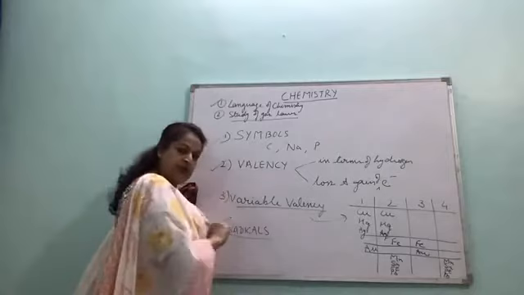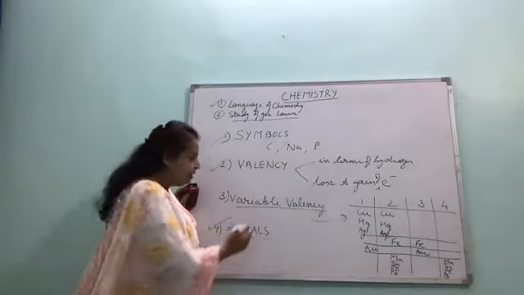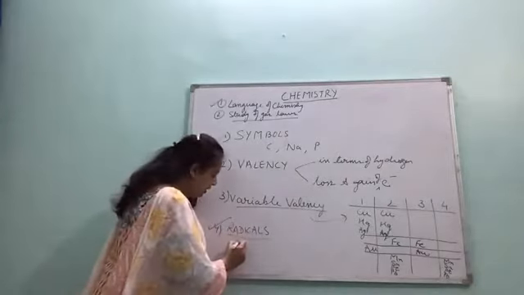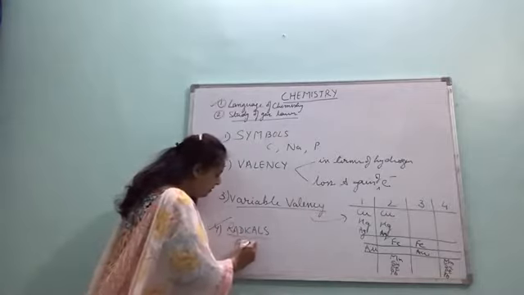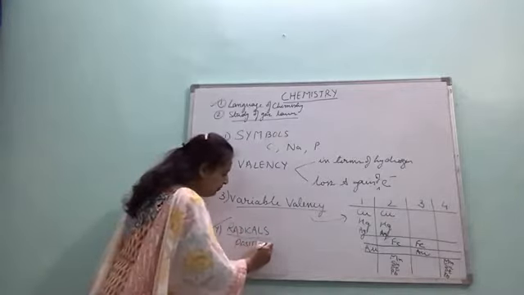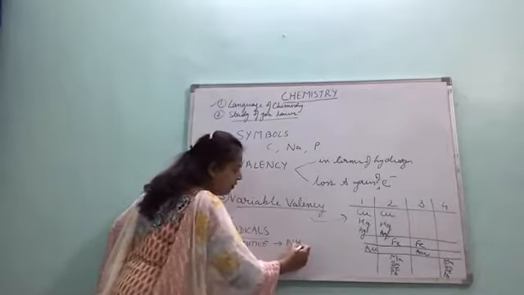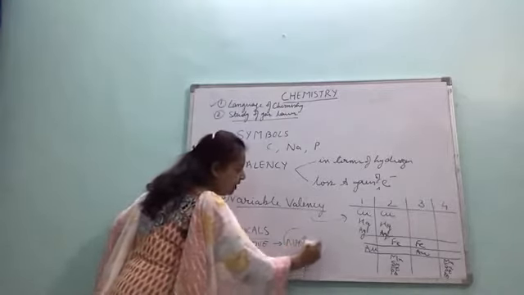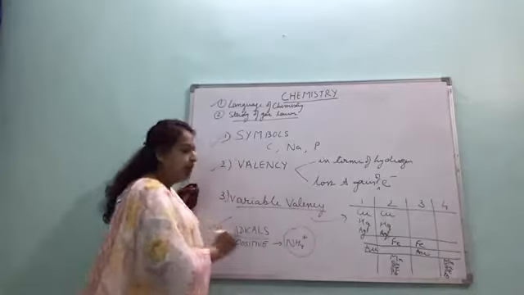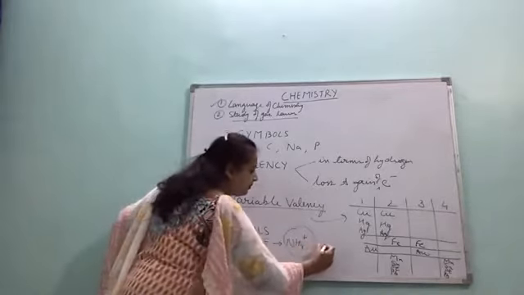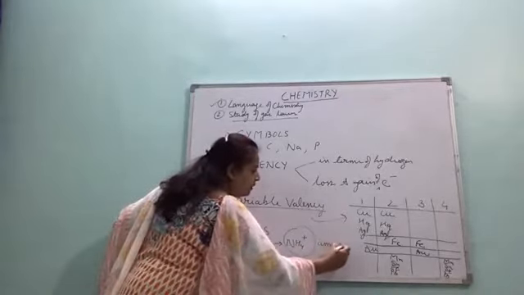They can be both positive and negative radicals, but the only positive radical which you are going to do in your chart is NH4 positive. Remember, it should have a charge. Ammonium.